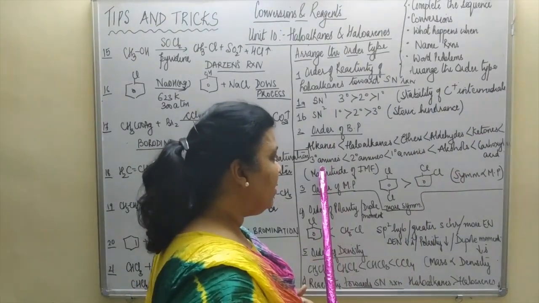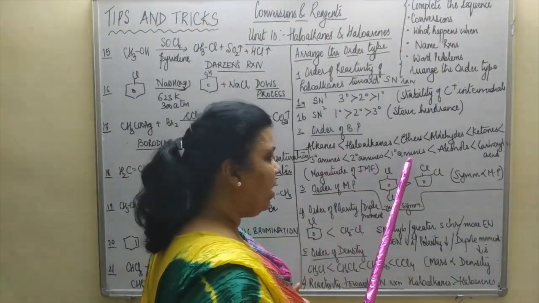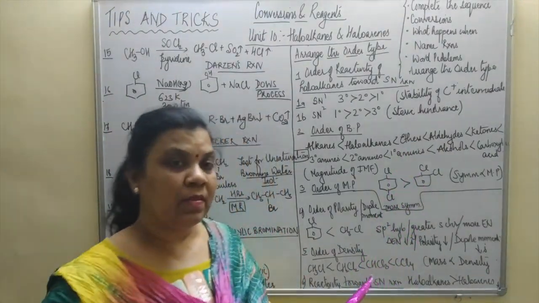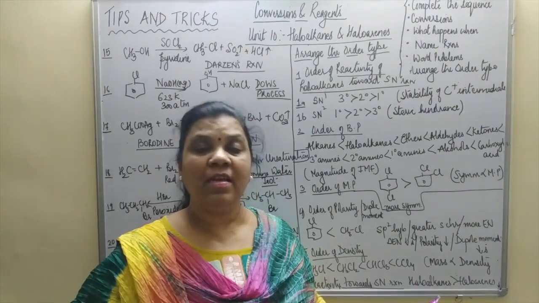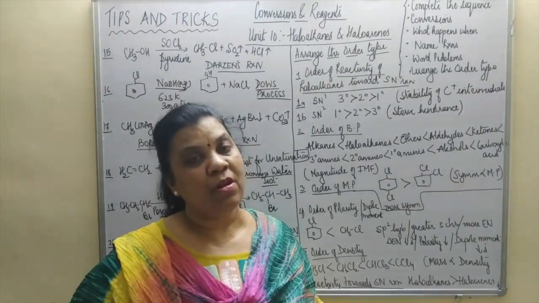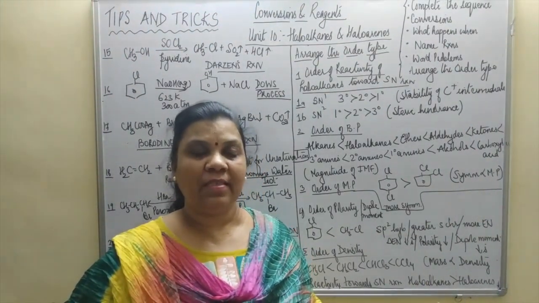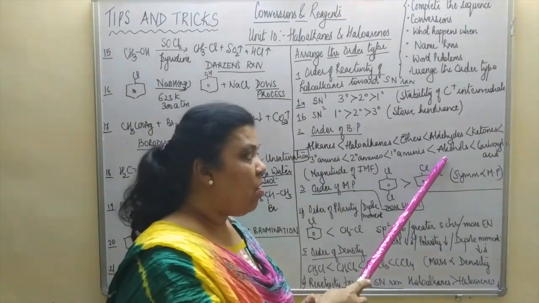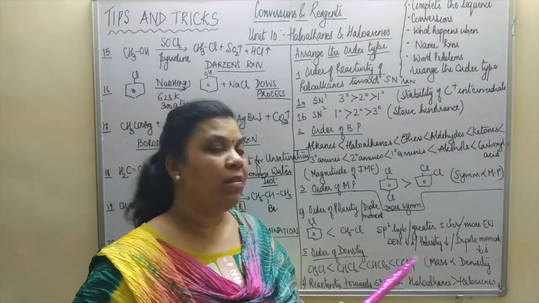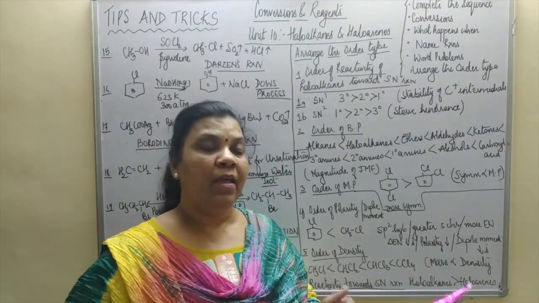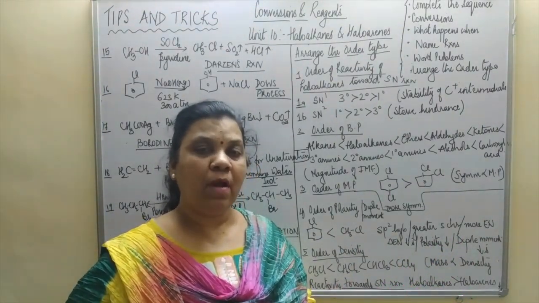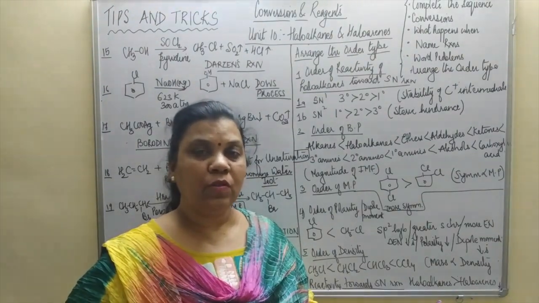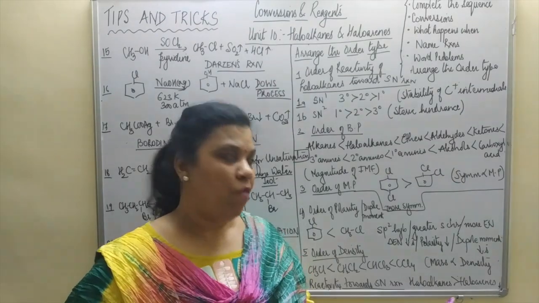Then 3 degree amines, then 2 degree, then 1 degree. 1 degree amines have maximum boiling point because there is greater extent of hydrogen bond formation due to greater available sites in 1 degree as compared to 2 and 3 degree. Alcohols are comparatively higher than amines. The reason is the hydrogen bonds formed are stronger than those formed in amines on account of high electronegativity of oxygen.